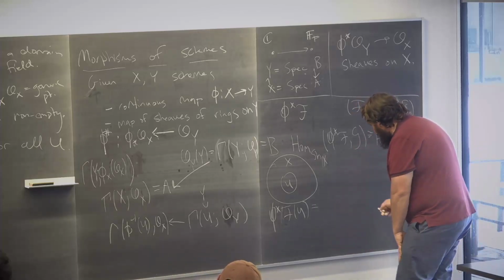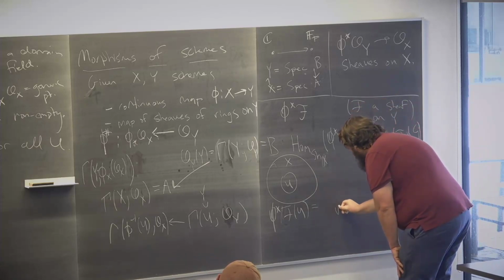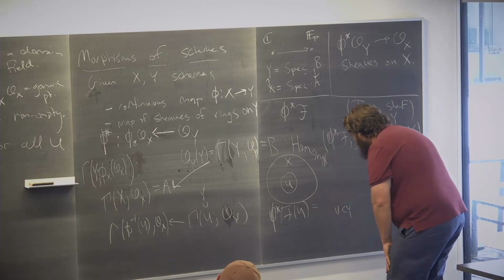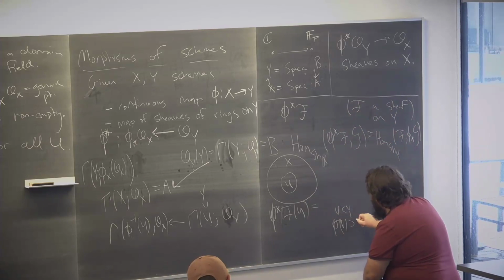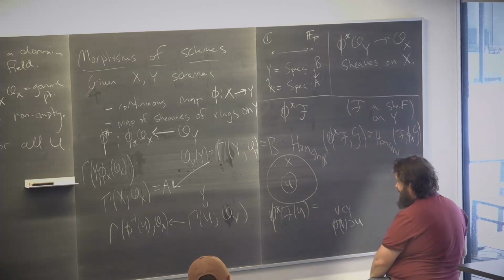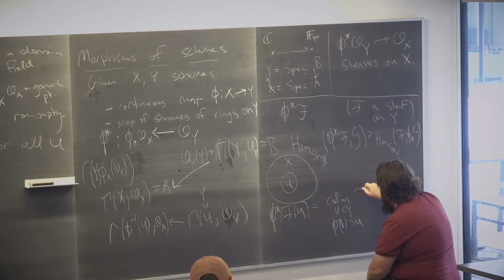So what I have to do in order to define this properly is I have to look at all V in Y such that the pre-image of V, which is an open set, contains U. And I have to take a co-limit over these guys of F of V.